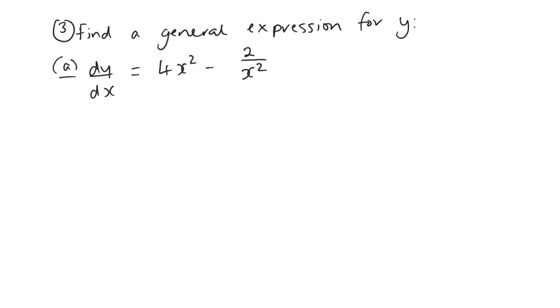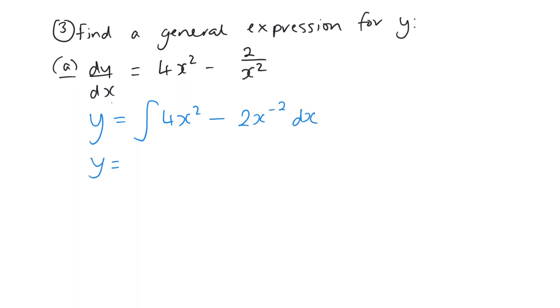We said at the start that integration is the opposite of differentiation. So when we differentiate a curve y equals something, we get dy by dx. So this is where we have dy by dx, and we're going to then integrate it to get y. We've got dy by dx is 4x squared minus 2 over x squared. To get y, we have to integrate this. So we're going to need to bring the x squared up and make it x to the minus 2.